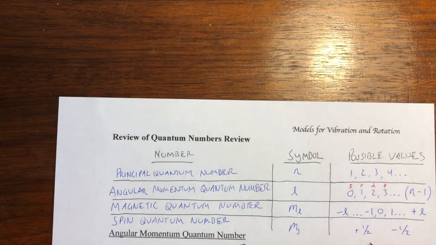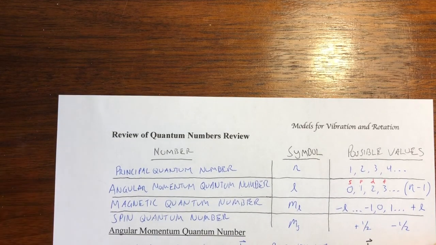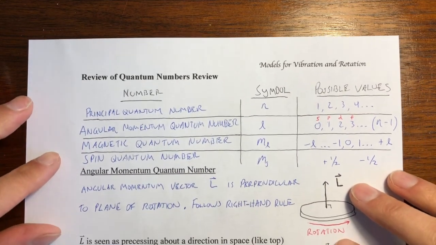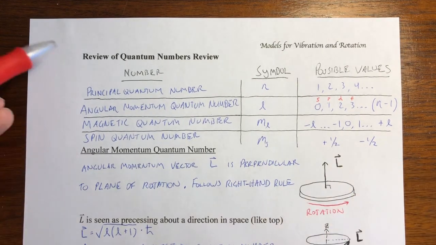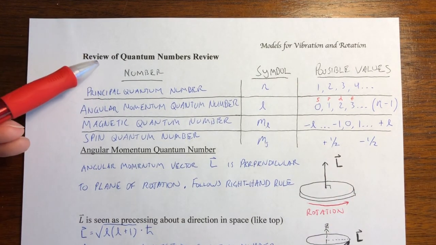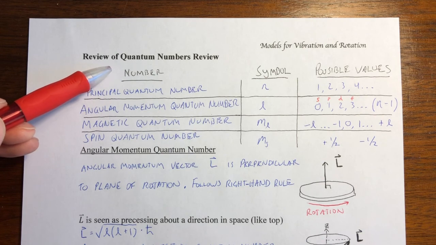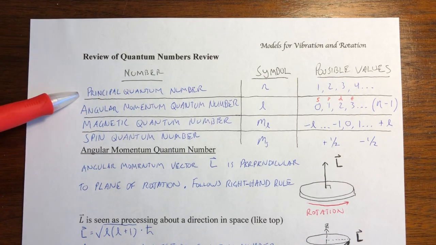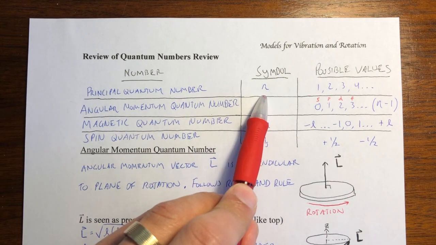So now, as we build towards discussing other quantum numbers, let's review some that you may have seen before in general chemistry. Our quantum numbers that we've identified so far have been our principal quantum number, which is given the symbol n.